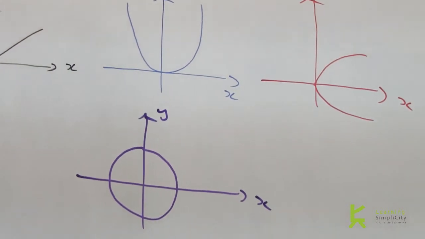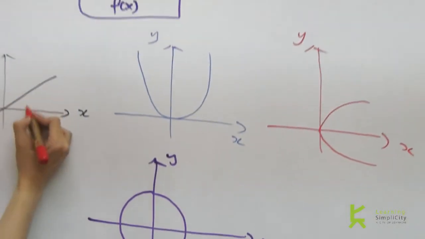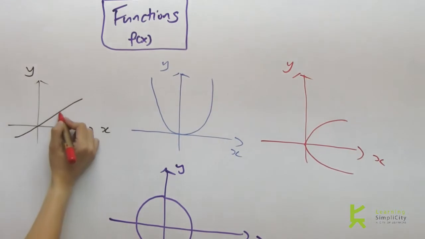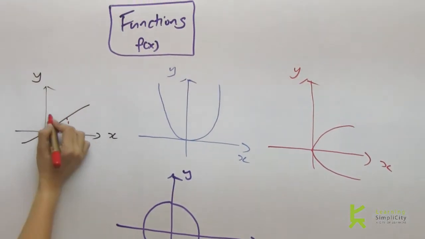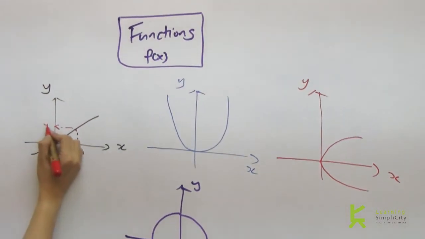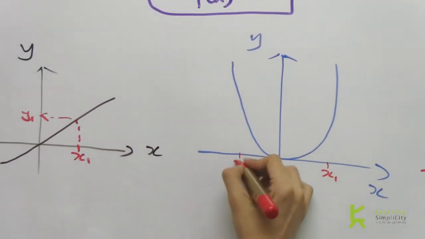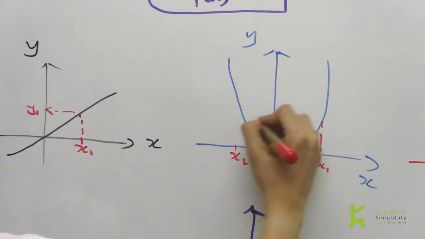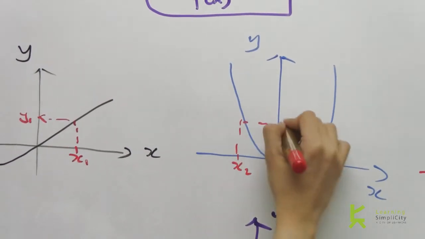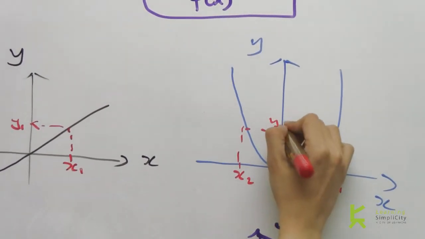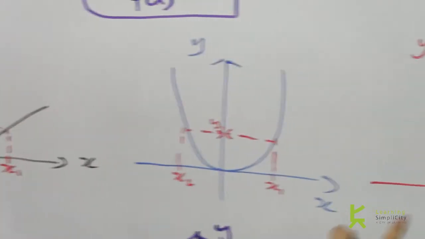So what exactly defines a function? Let's explore this further. For the first graph, for a particular x value, you have a y value. For the second graph of y equals x squared, for two x values, they share the same y value. So x1 and x2 share the same y value.